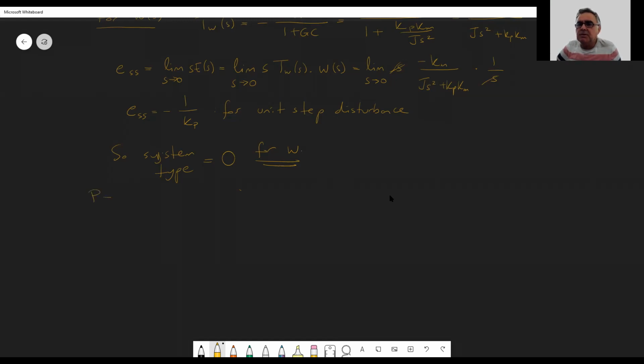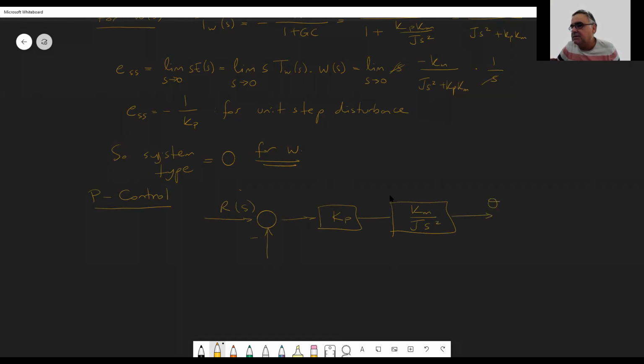So we were talking about the proportional control or P control, P meaning proportional. This thing is now R of S, feedback. The controller is simply some Kp, and this our system is Km over Js squared.